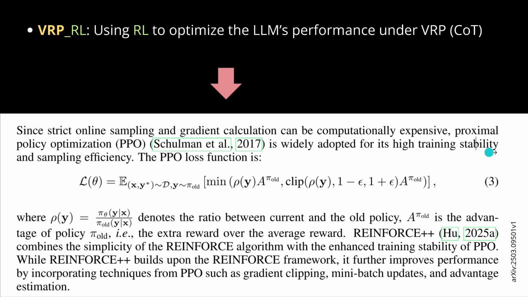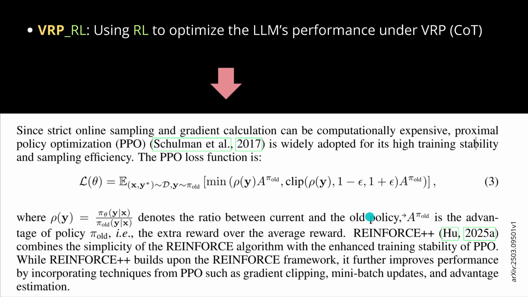See, we go for the stability of the system. And you know from OpenAI, the PPO loss function is defined in this particular way as a kind of approximation, where we have a ratio between the current and the old policy, and we have the advantage of the policy, the extra reward over the average reward. Yes, there is some link to GRPO.